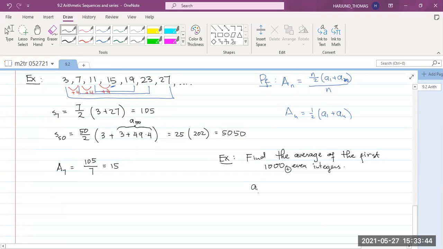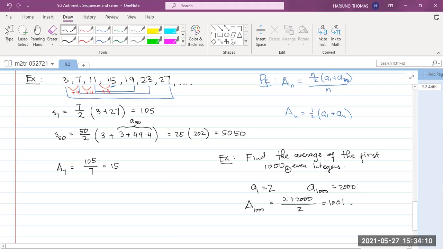Well, then the first term is 2. The 1,000th term must be 2,000, is it right? So what is the average? The average of the first 1,000 positive even integers is 2 plus 2,000 divided by 2. That's 1001.